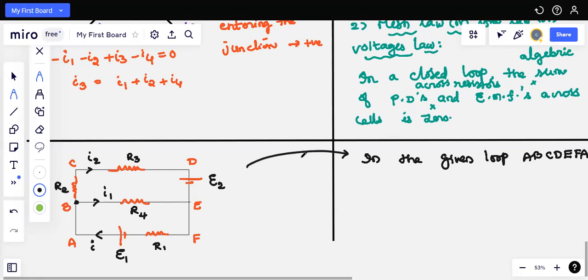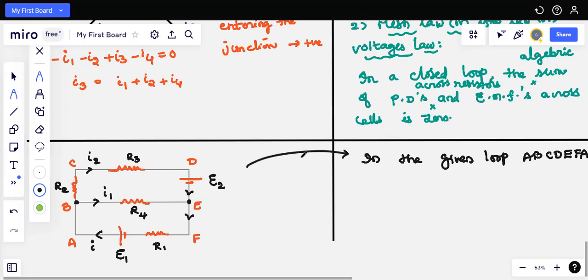That I2 passes through R2, R3, and even through the cell also. This is my assumption, meaning that current flows even through the cell, and that I2 joins with I1 at this junction. Sum of currents entering the junction is equal to the sum of currents leaving, which is only one current, already assumed as I in this part.